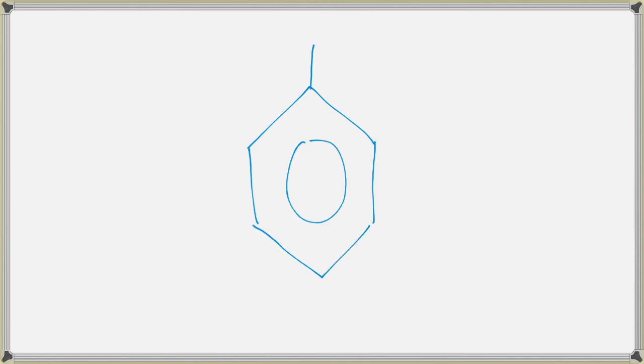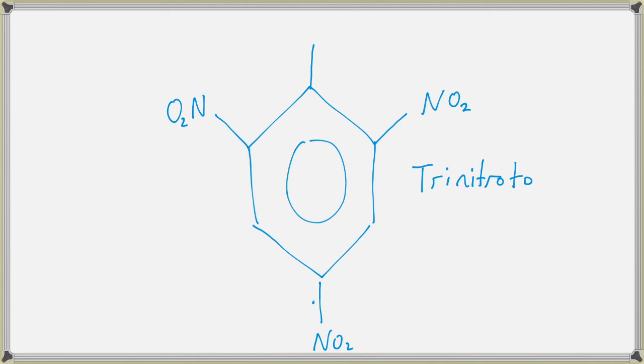Okay, the last one. If you take the toluene molecule that I mentioned, that methylbenzene, and then we add some nitro groups like this, 3 of them, you end up with trinitrotoluene.